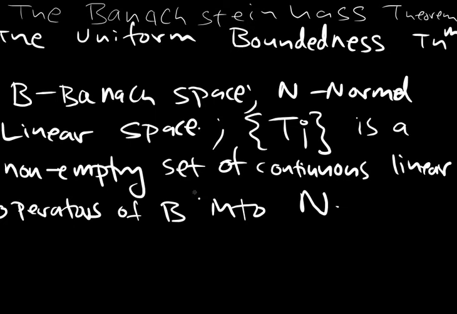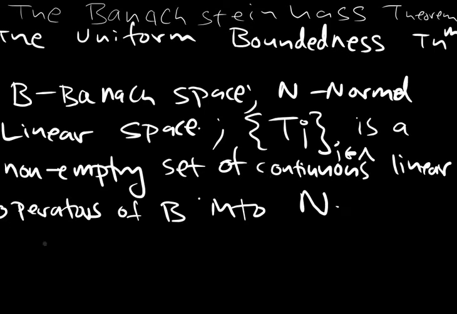So T1, T2 and so on. Or rather, if it is uncountable, then it is just denoted by Ti belonging to some indexing set lambda. In this case it's non-empty. Each of these maps, say T alpha, is a map from B to N which is linear as well as continuous. The further property is that pointwise boundedness is given.